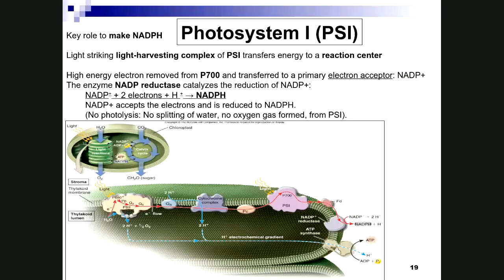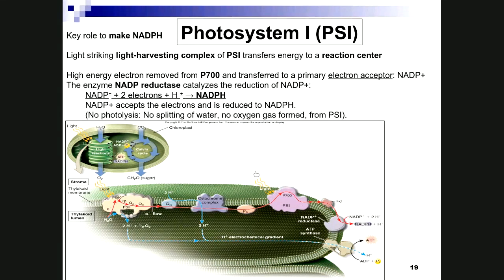All right. Now at photosystem 1, again, photosystem 1 is indirectly responsible for producing NADPH. This is photosystem 1 right here, right? Photosystem 2 was right here. This is photosystem 1. Photosystem 1 receives the electrons that have been shuttled over, but the electrons have low energy.